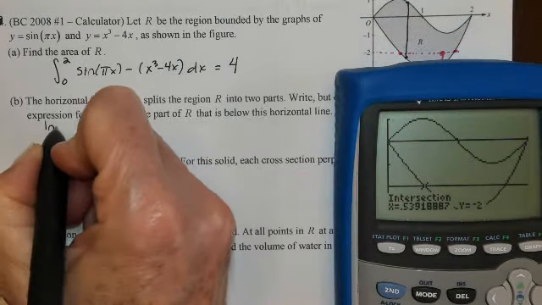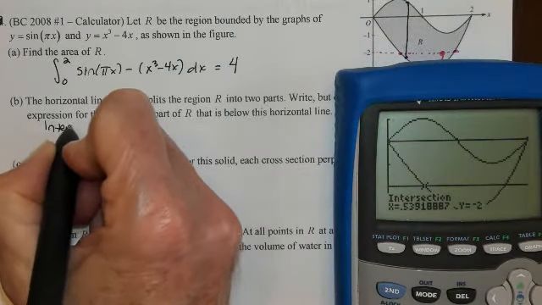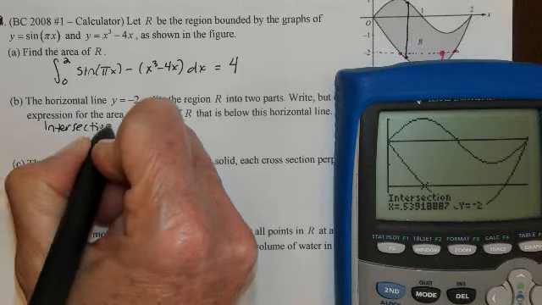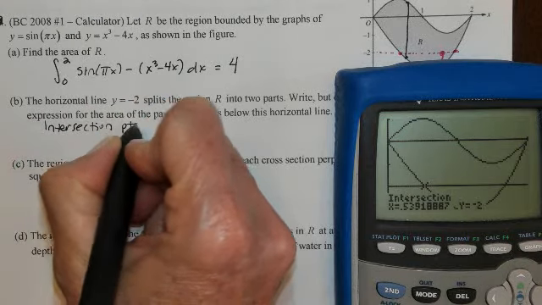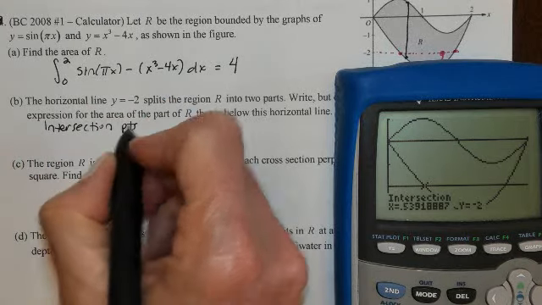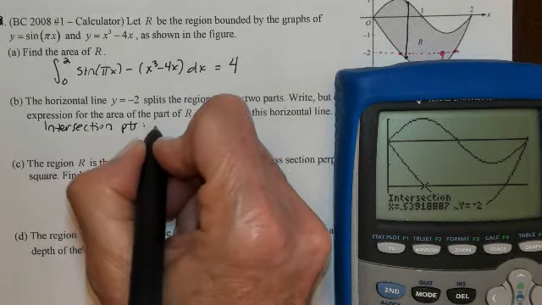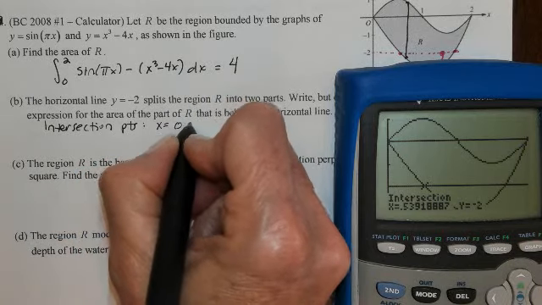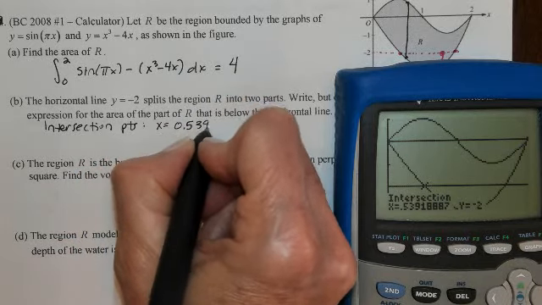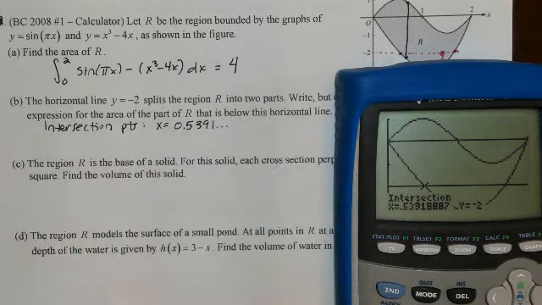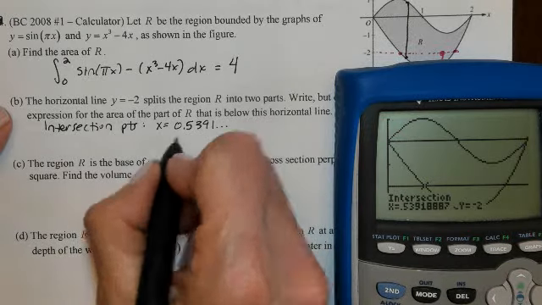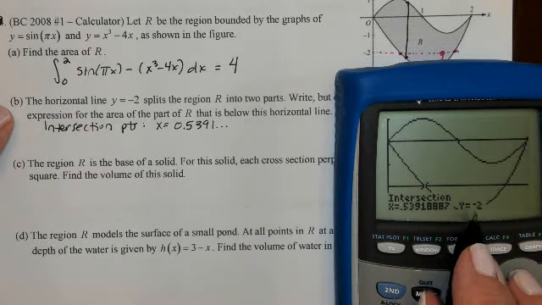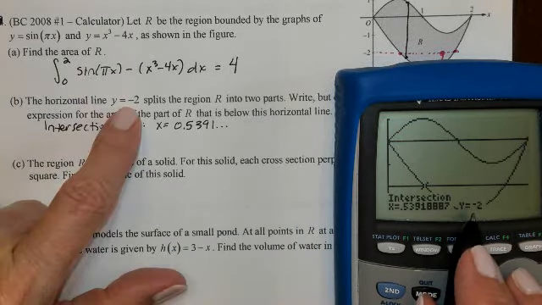So I'm going to say intersection points. We're going to have 2 of them. X equals 0.5391 blah blah blah. And I'm not going to write what y is because I already know what y is, right?